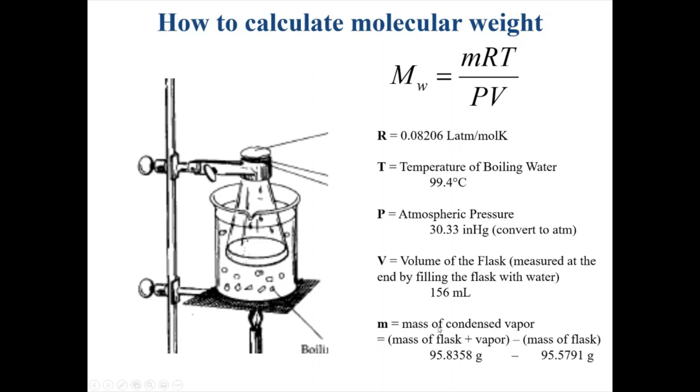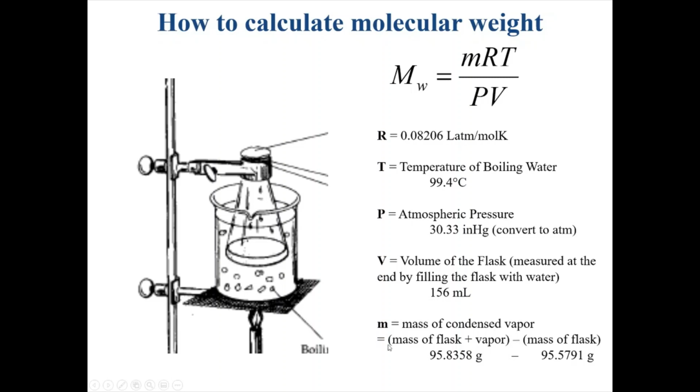So we can take the mass of the flask plus the condensed vapor. We measure that after the experiment is over, and we get 95.8358 grams. Then we subtract from that the mass of the flask that we started with, which is 95.5791. The difference between the flask and vapor and the mass of the flask is going to be the mass of the vapor.